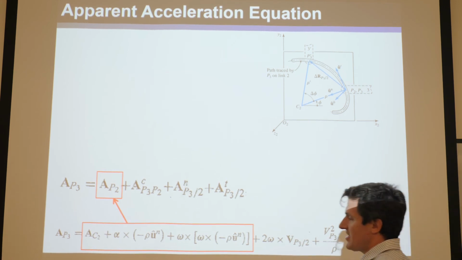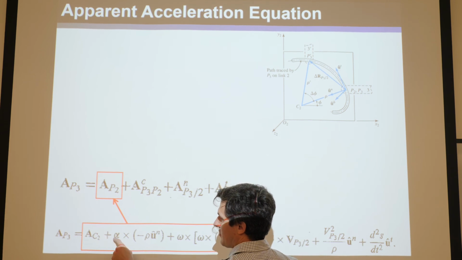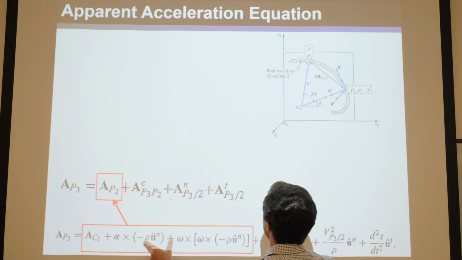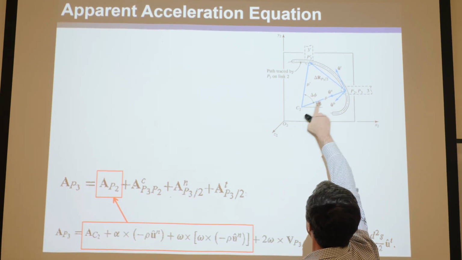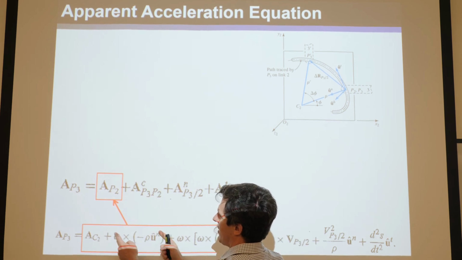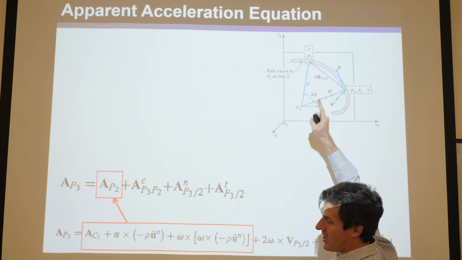And so this may look familiar. You take the acceleration of c2, you add to it the alpha cross negative rho un, which remember, negative rho un is a vector that points from c2 to p2. So that's the tangential component of acceleration, moving from that point to that point on link 2.